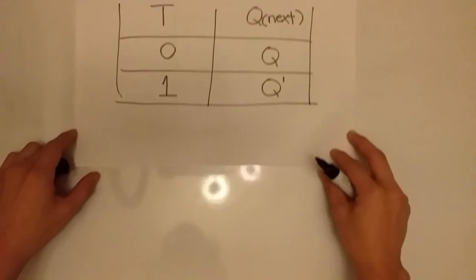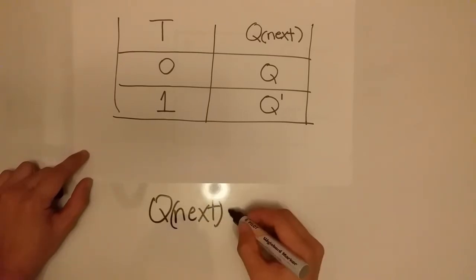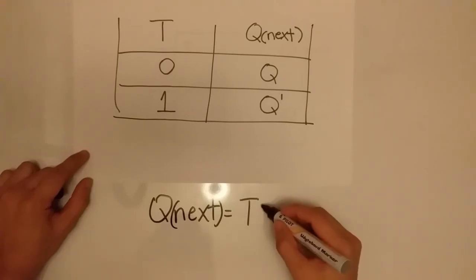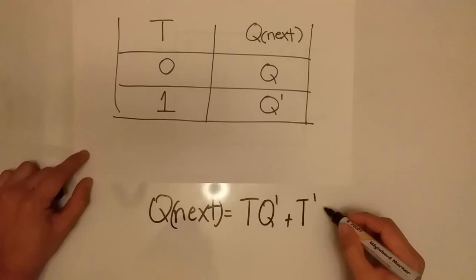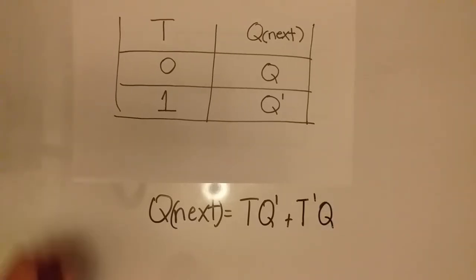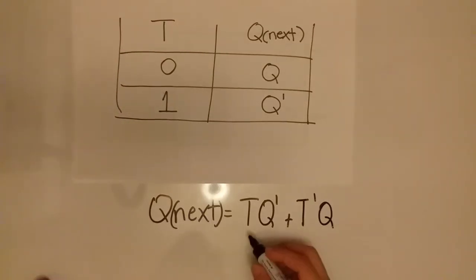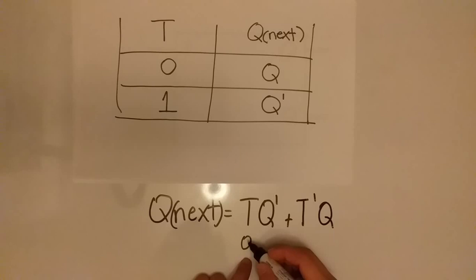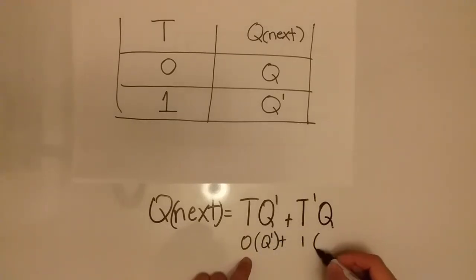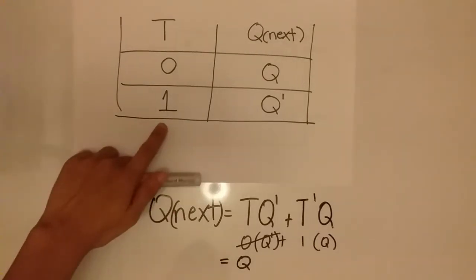The characteristic equation of our T flip-flop is given by Q next is equal to the trigger input multiplied to the Q prime plus our trigger input prime multiplied to Q. Again, when the trigger input is equal to 0, this would be equal to 0 multiplied to Q prime plus 1 multiplied to Q. So we cancel out, and what is left is Q. And so, when T is equal to 1, then our Q next is equal to Q prime.